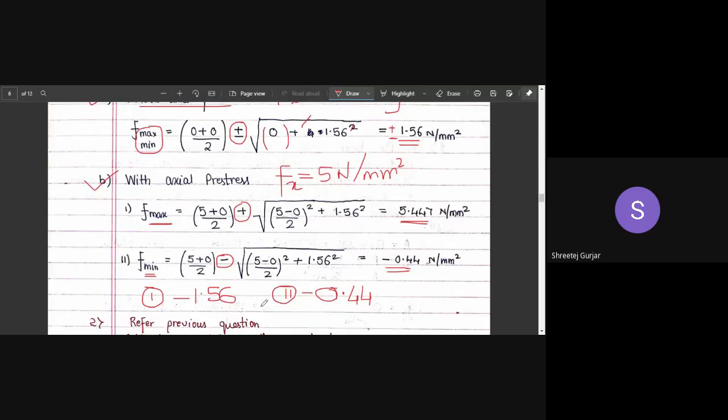Can you tell me whether the maximum principal tension has increased or decreased by the application of pre-stress?